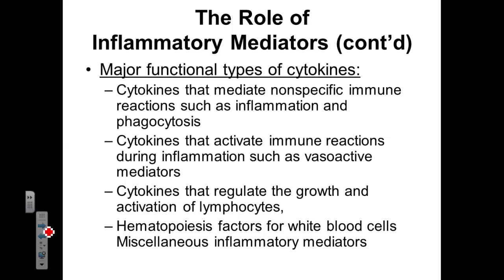So they are going to cause vasodilation to initiate the inflammatory response. Other cytokines can regulate the growth and activation of T and B lymphocytes, and some cytokines are going to initiate hematopoiesis, the production of blood cells, specifically white blood cells. And there are a wide variety of other cytokines that we aren't going to talk about in specific detail.